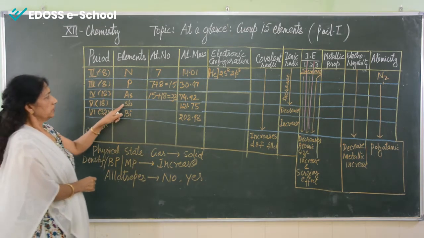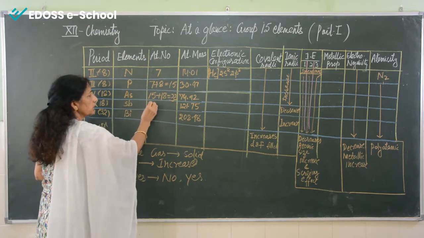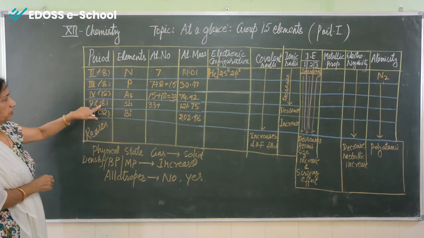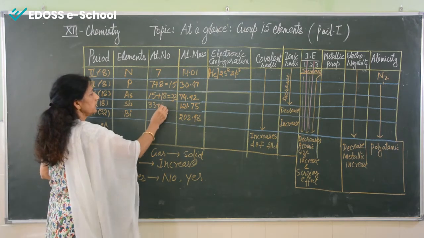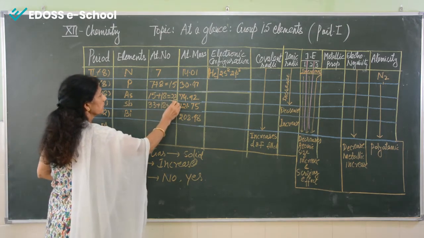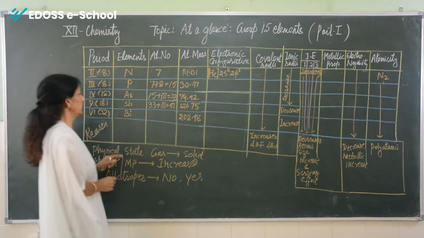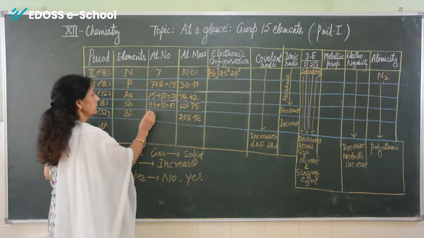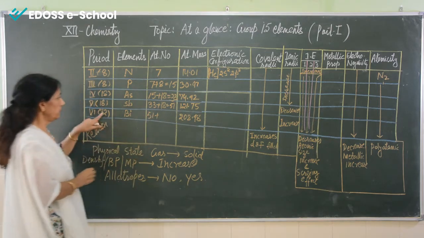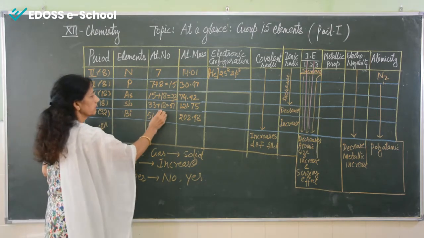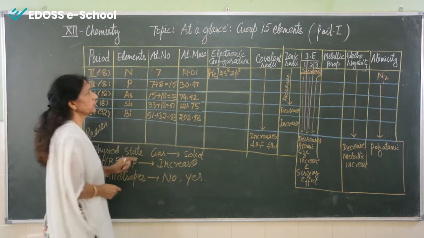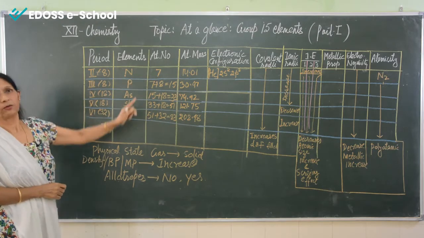For antimony we take this 33 and the number of elements in the fifth period is also 18, so we add 18, which gives 51. For bismuth we again take this 51 and add 32. In this way we are able to write their atomic numbers.